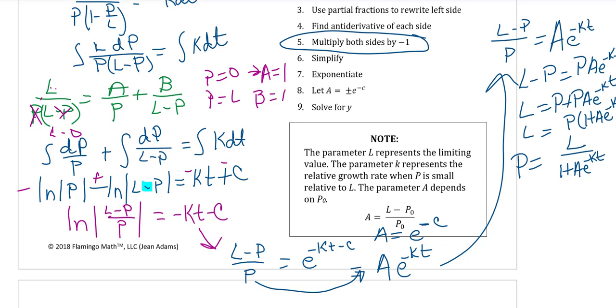And now, one little note here is that a quick way to find your a, which is dependent on the initial condition, which we have done in the past, but you can find it very quickly by taking L minus p sub 0 divided by p sub 0.